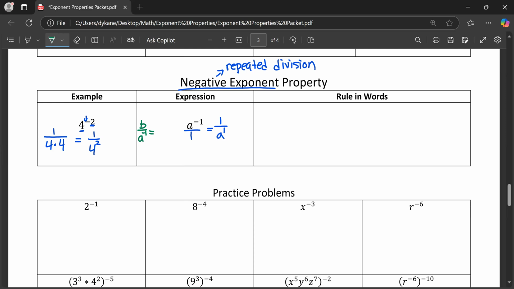So if I'm dividing by a divided, they double, so it becomes the opposite, and I end up multiplying by a to the first power. So that exponent goes from the bottom to the top, and then we multiply.